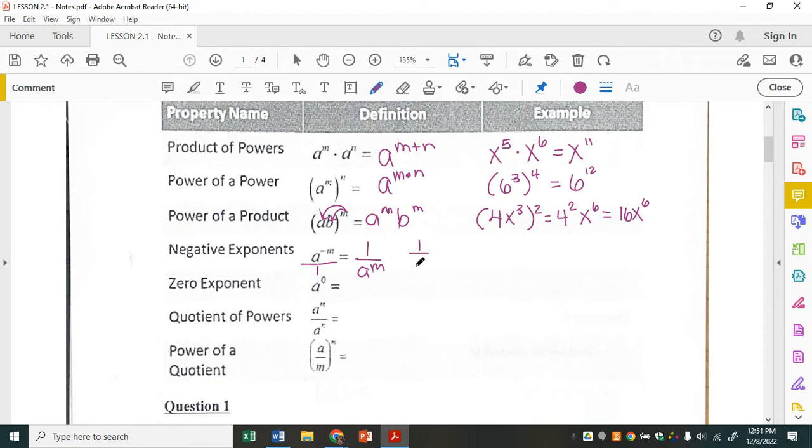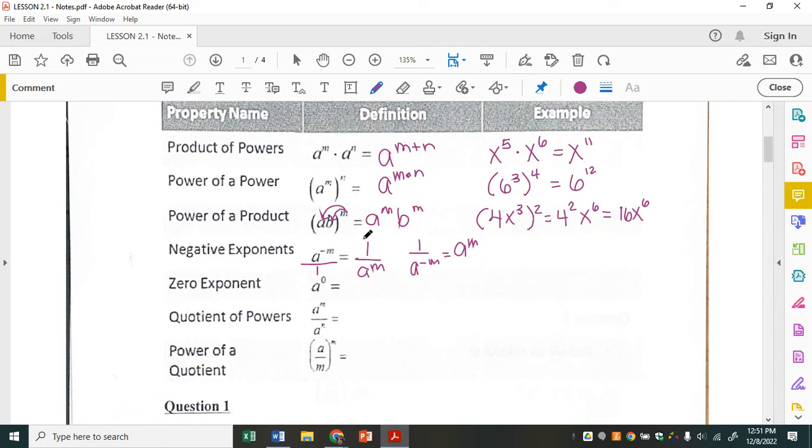And if I had 1 over a to the negative mth power, to make this positive, I'm changing the placement again. I'm now bringing it to the numerator of my fraction. And I can put that placeholder of 1 on the bottom of my fraction, but I don't necessarily need it on the bottom.